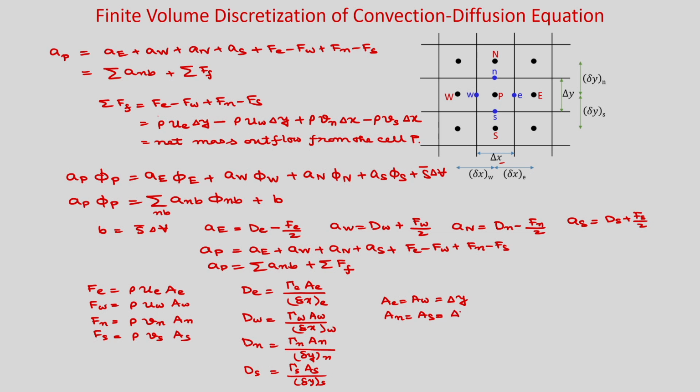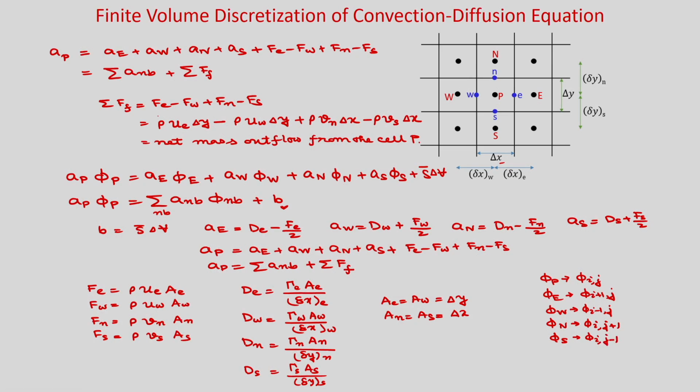So, you can see this is the final algebraic equation for this steady convection diffusion equation, and you need to solve this using some linear solver, where phi p denotes phi ij, phi e denotes phi i plus 1 j, phi west denotes phi i minus 1 j, phi north denotes phi i j plus 1, and phi south denotes phi i j minus 1.